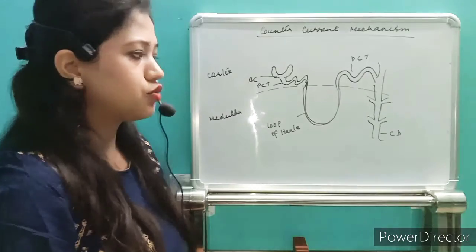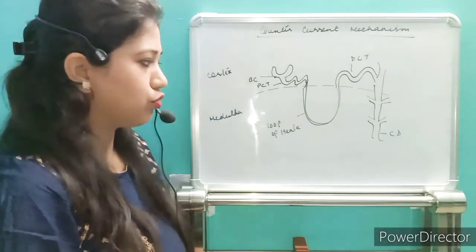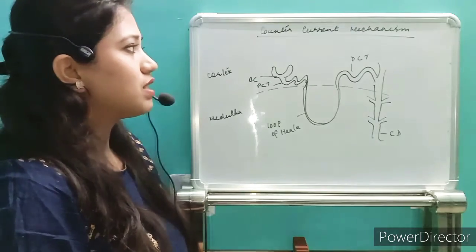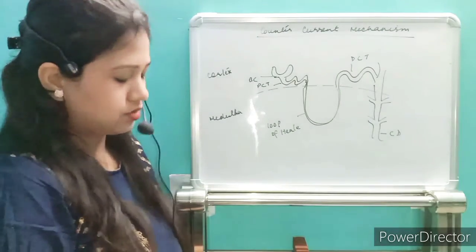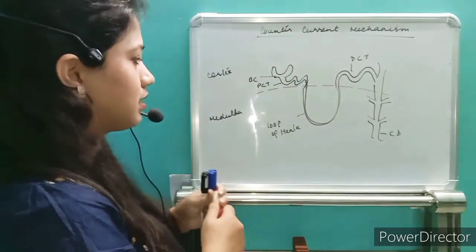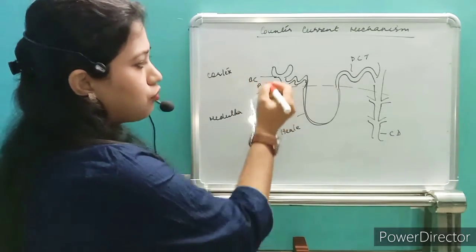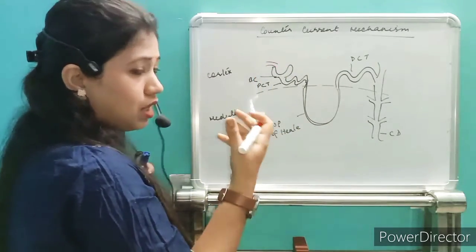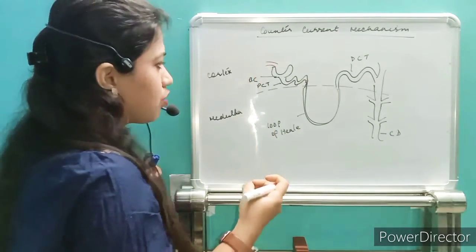Already you have understood and you have seen it in the NCERT book also, and in the previous video also. So just see what is happening in the counter current mechanism. One more thing you need to know, whenever it comes to the blood vessel, every nephron will have its own blood vessel which is entering the kidneys, entering the nephron, so that filtration can occur.